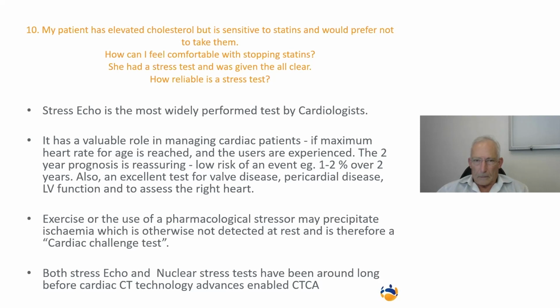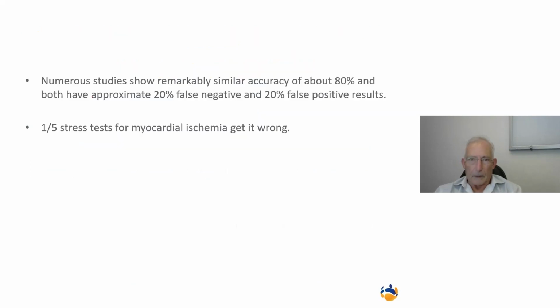But as a risk tool, both SPECT nuclear testing or stress echo has no benefit in advising a patient, yes, to take a statin or not. And both stress testing and the nuclear MIBI study have very similar specificity and sensitivity.